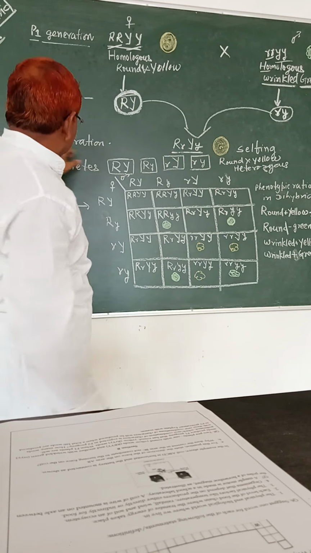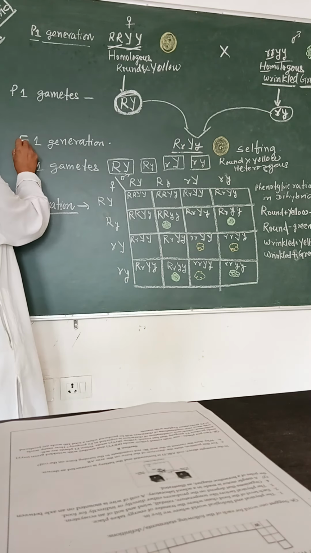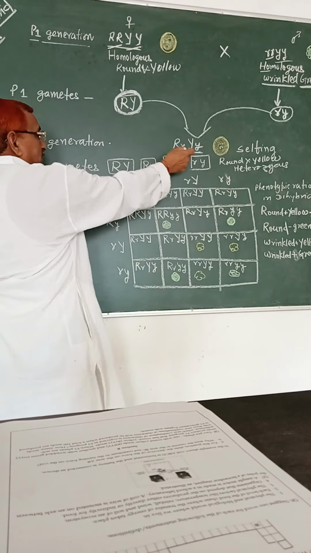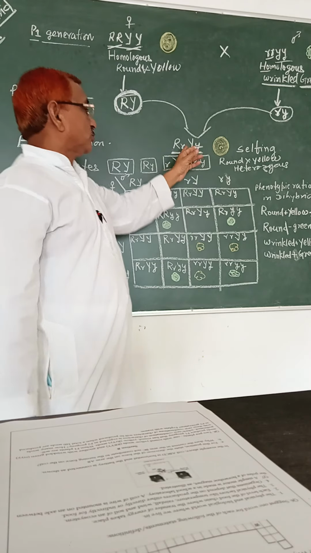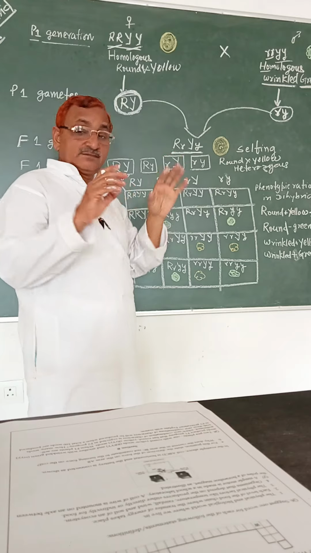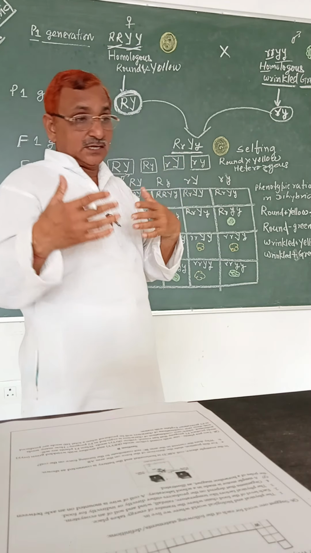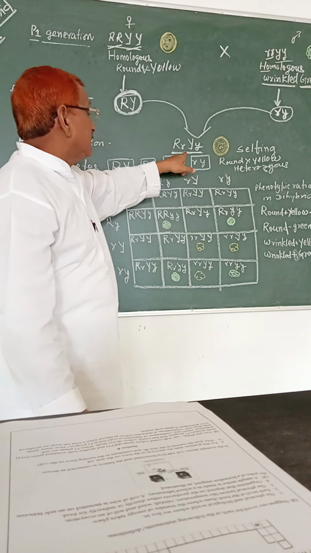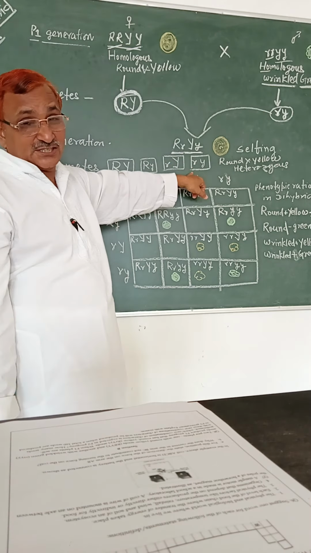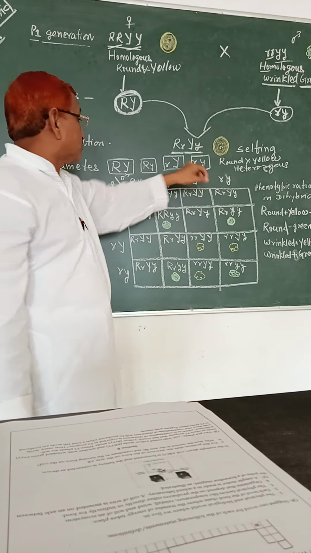So now, when we get further, the F1 gametes, what will be the probability of the gametes? If they are heterozygous at two loci, meaning the positions where the genes are different, then we have 4 probabilities.